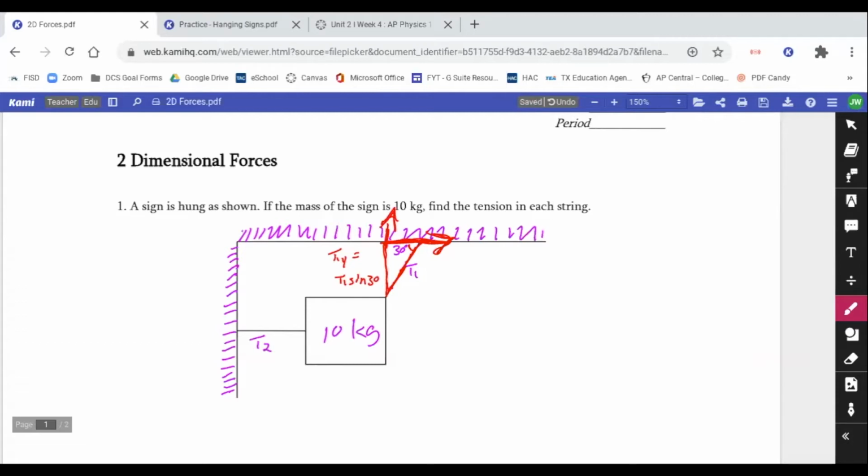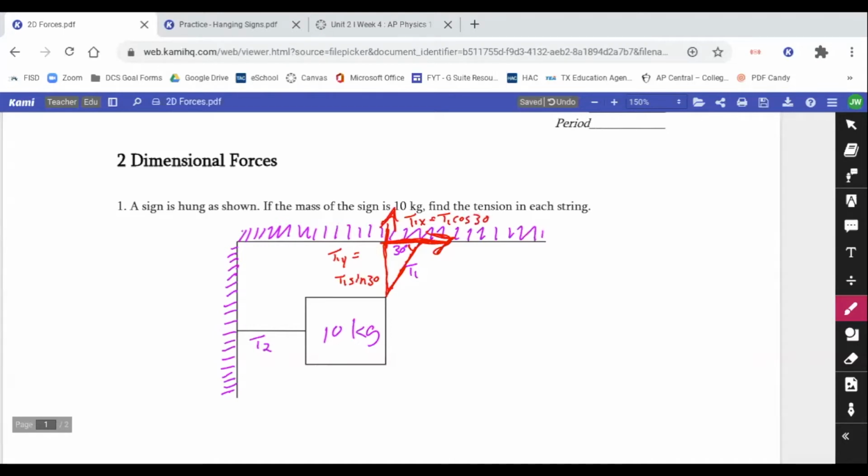So if we want to, we can call this T1x. I don't care what you call it, I'm just giving it a name so I can differentiate. And I would calculate that by saying, well, that's adjacent to my angle. So I'm going to call that hypotenuse T1 times the cosine of the angle 30 degrees.